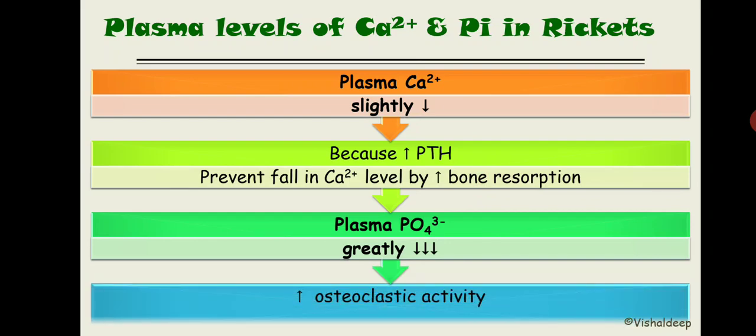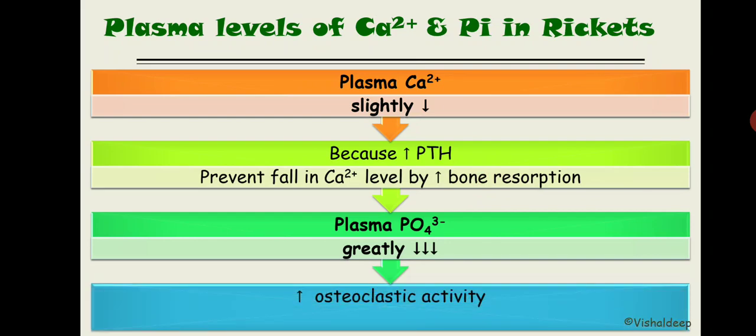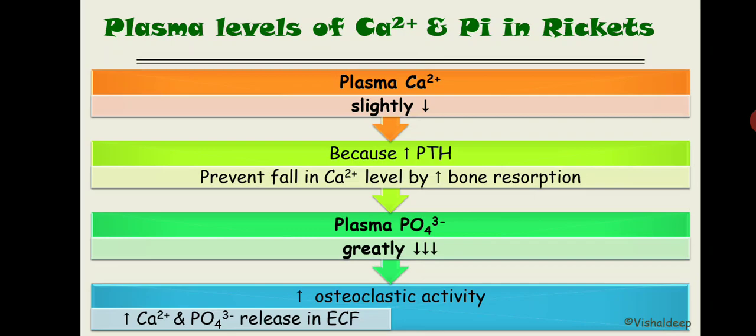Increased osteoclastic activity increases the release of calcium and phosphate into the extracellular fluid, but once they are filtered through the kidney, it reabsorbs the calcium and allows phosphate to pass. So phosphate is excreted in the urine and the phosphate level greatly decreases.